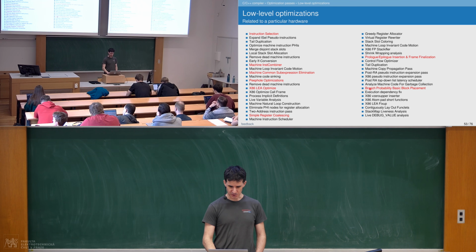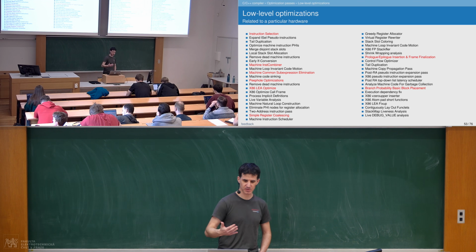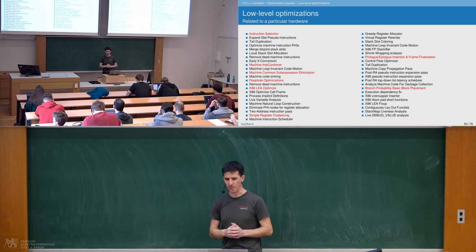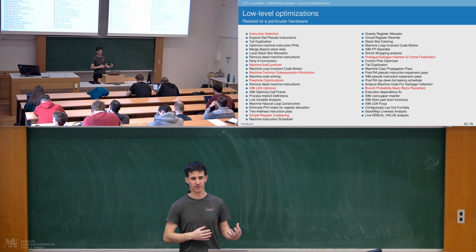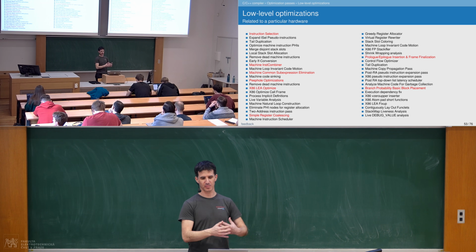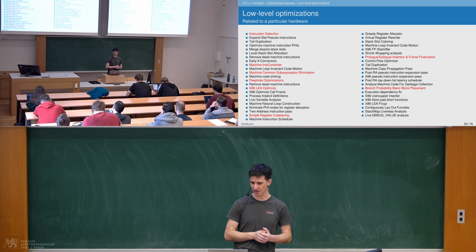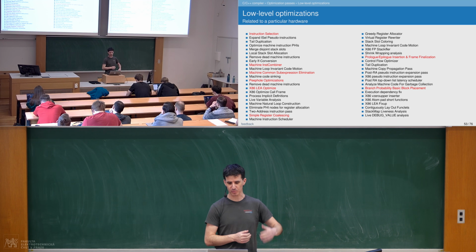And then there is branch probability and block placement. This is the thing which helps with the branch predictor. It tries to organize the code in a way that the branch predictor of the hardware predicts the branch or not branch correctly, and so on and so on.